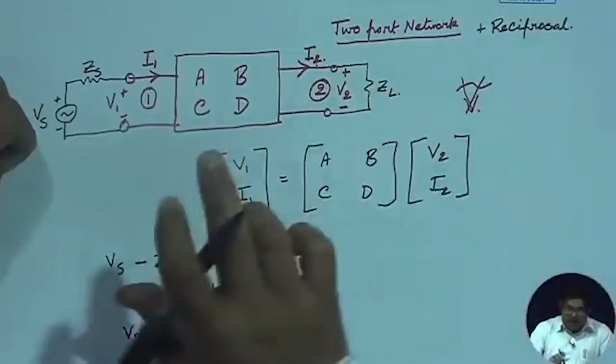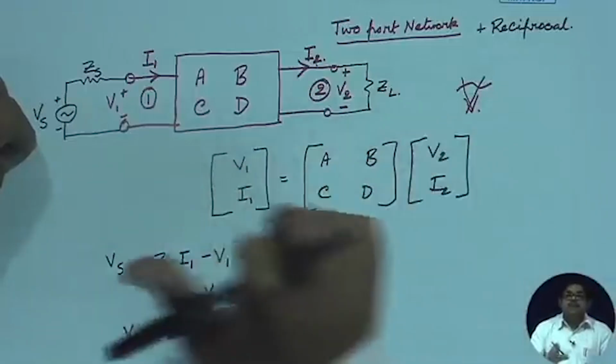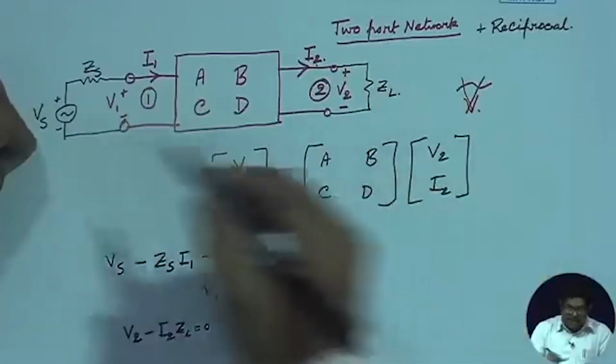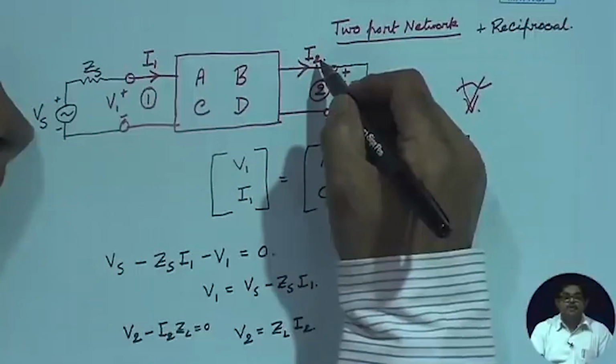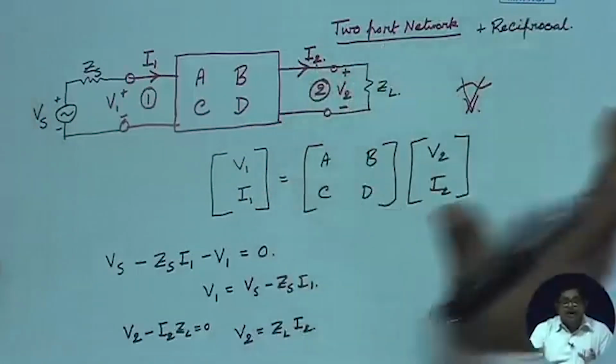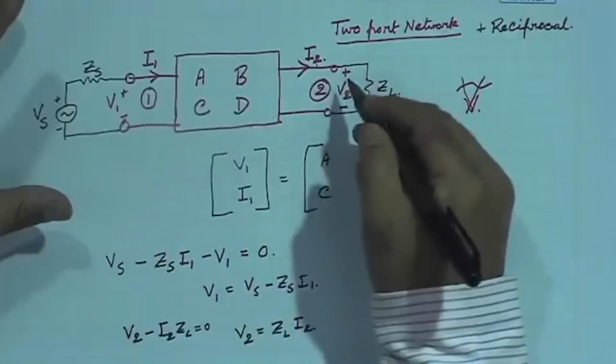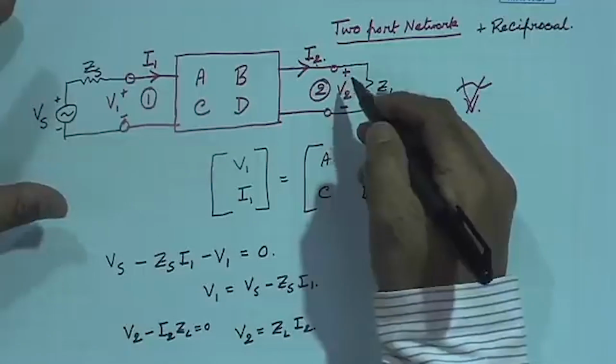So, what is this transfer impedance? The transfer impedance is Vs by I2.